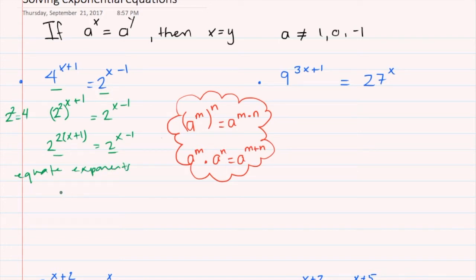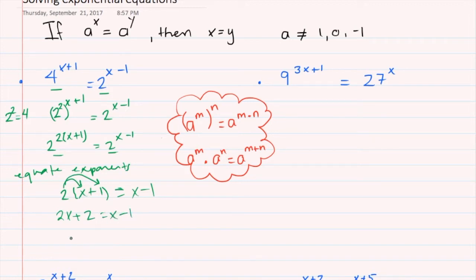So 2 times x plus 1 is equal to x minus 1. We can multiply the 2 into the bracket. So we have 2x plus 2 is equal to x minus 1.